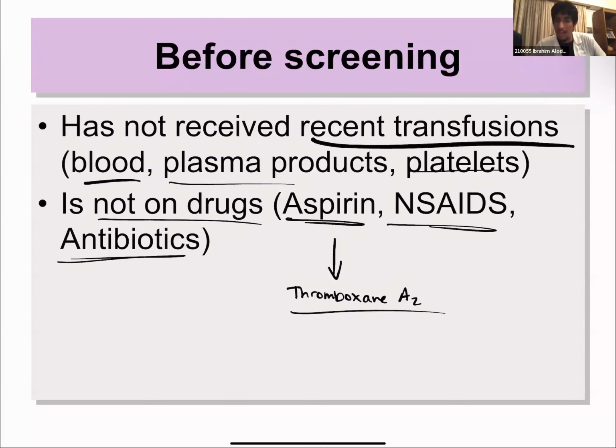It's released from platelets and it attracts platelets. So thromboxane A2 is needed to form the primary hemostasis. It's needed to form the platelet plug. So if that's being inhibited, that's going to cause an abnormal lab test. So you have to make sure the patient hasn't been on any of these, because these are going to cause an abnormal lab test, and you might start to think, oh no, they have a bleeding disorder, we need to do something about it. But in reality, it's just because they're taking aspirin.